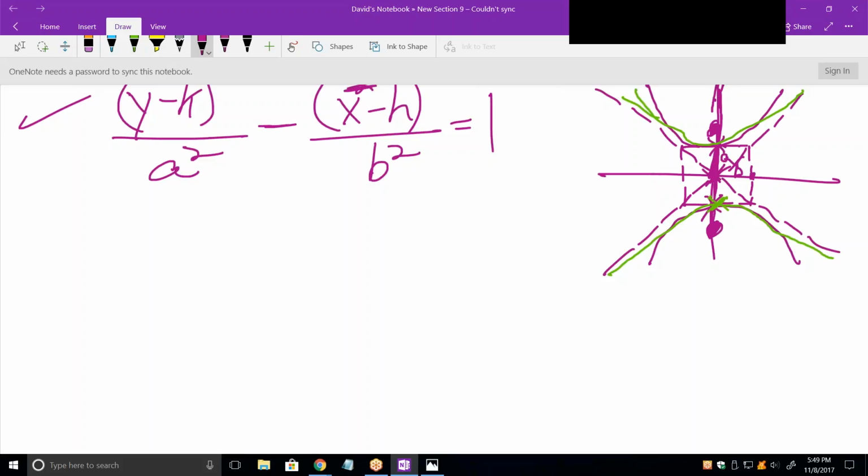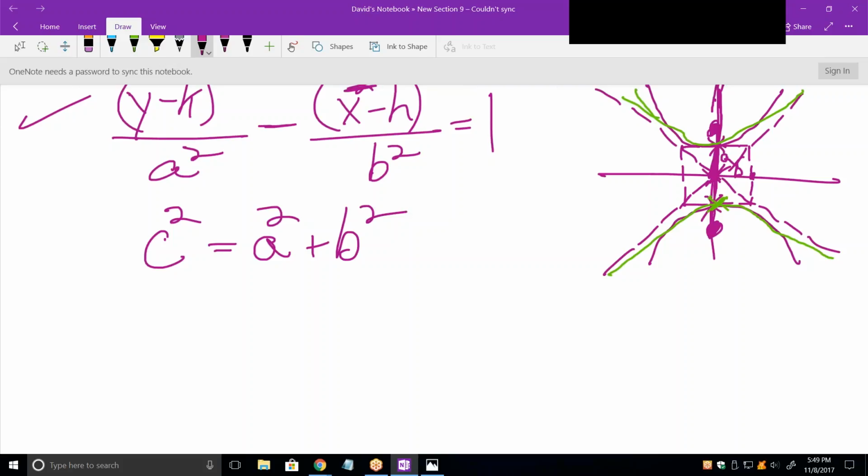All right. Okay, and with the hyperbola, it's exactly the Pythagorean theorem: c squared equals a squared plus b squared. As opposed to with an ellipse, it's a squared minus b squared. The fact that c squared is a squared plus b squared means that a and b can be anything relative to one another. A does not have to be bigger than b. The shape of this box can be a square, a horizontal rectangle, or a vertical rectangle.